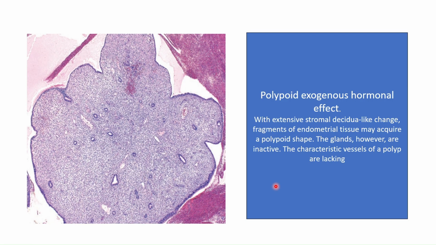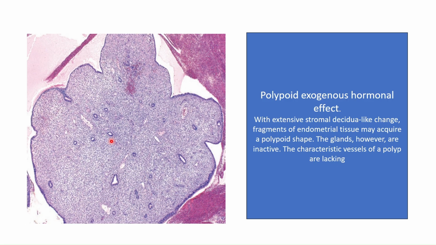The second example which mimics endometrial polyp is polypoidal exogenous hormonal effect. Here this polypoidal structure is due to excessive progesterone given to patients, which leads to extensive stromal decidual-like change, and this fragment of endometrial tissue may acquire a polypoidal shape, and these glands are inactive in nature.